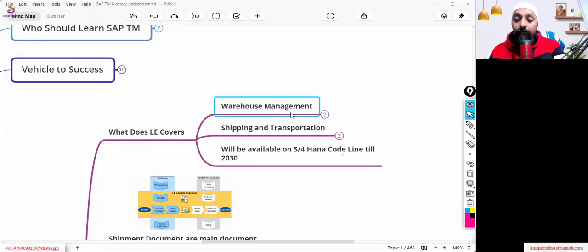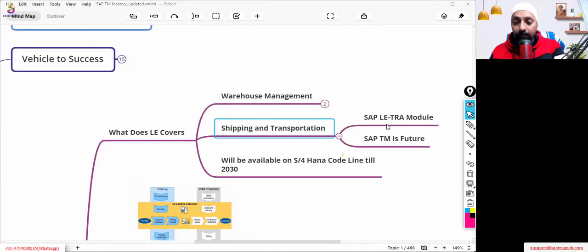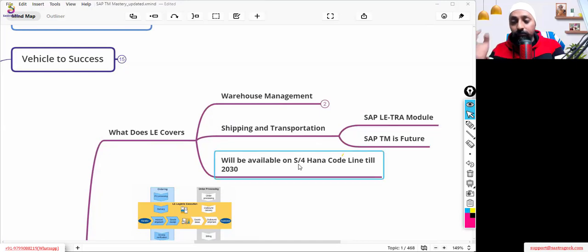Then we have shipping and transportation, which is also available in LE. This module is called LETRA. LETRA is going to sunset by 2030. So TPVS is no more available. After TPVS, the second solution we have is shipment, where planning and optimization are not there, but we have the execution part.